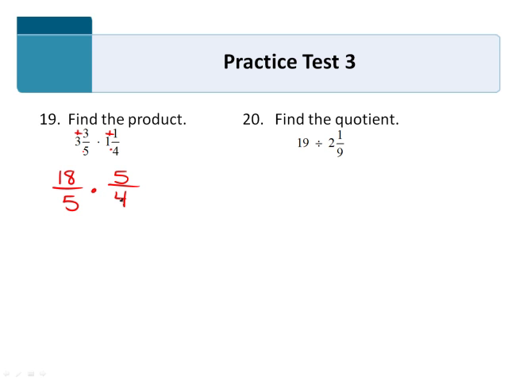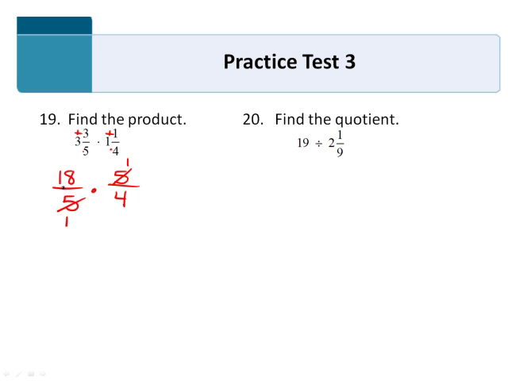We don't have to worry about any signs, but we are going to see if we can cancel. Since it's multiplication, you don't do any flipping, you don't do any common denominators, you just see if you can cancel. Well, 5s cancel easily. Divide by 5, I'm left with 1. Divide by 5, you're left with 1.